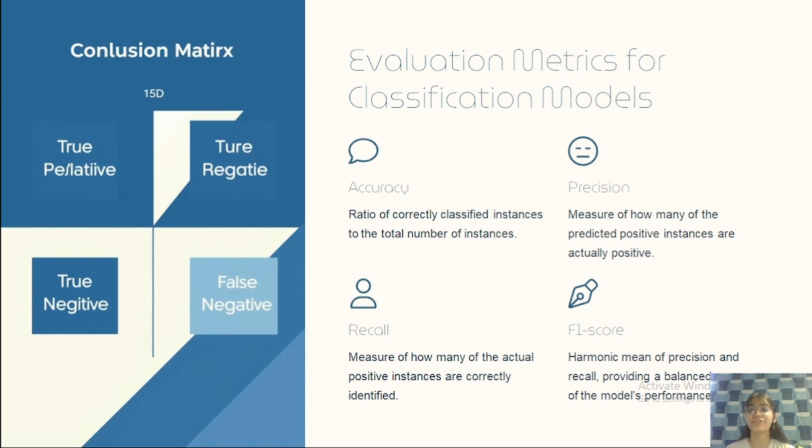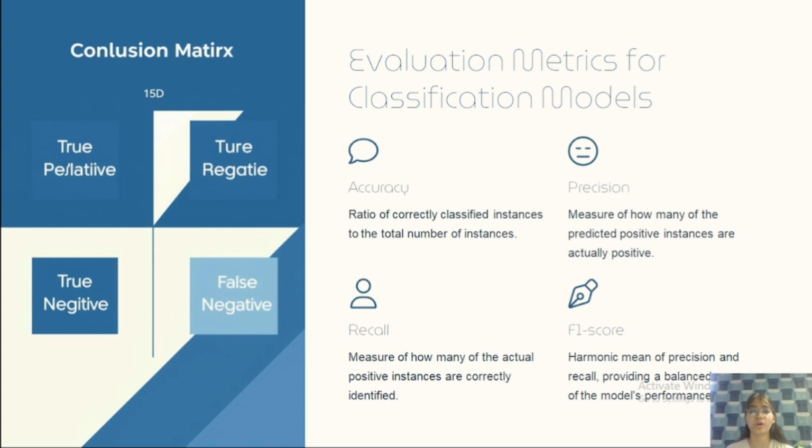Precision is the measure of how many of the predicted positive instances are actually positive. The third one is recall, a measure of how many of the actual positive instances are correctly identified. The fourth one is F1 score, the harmonic mean of precision and recall, providing a balanced measure of the model performance.